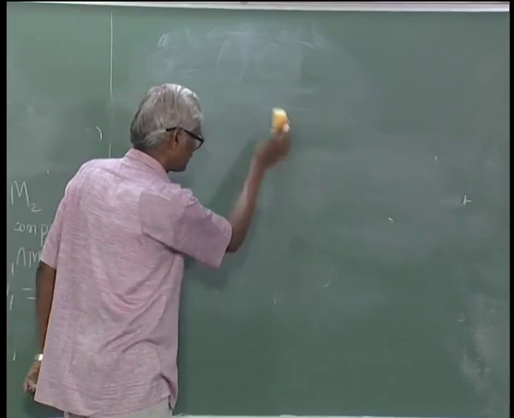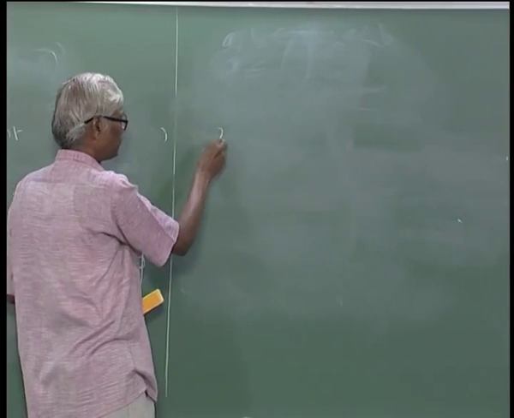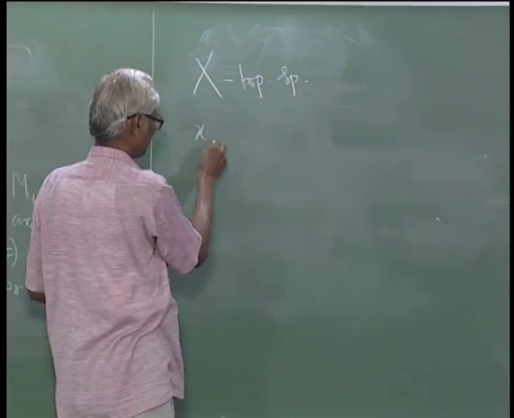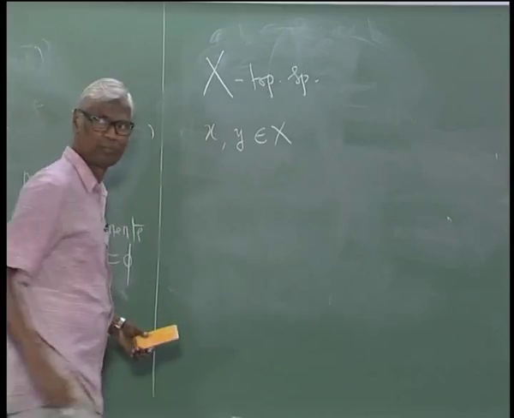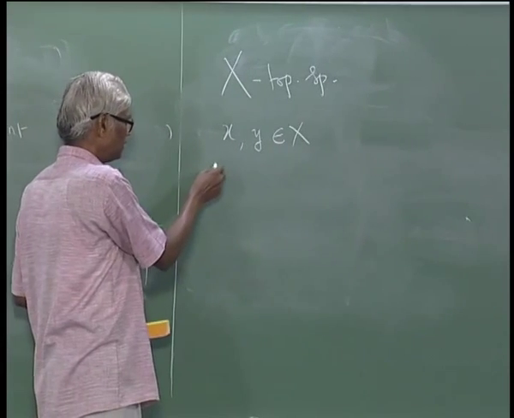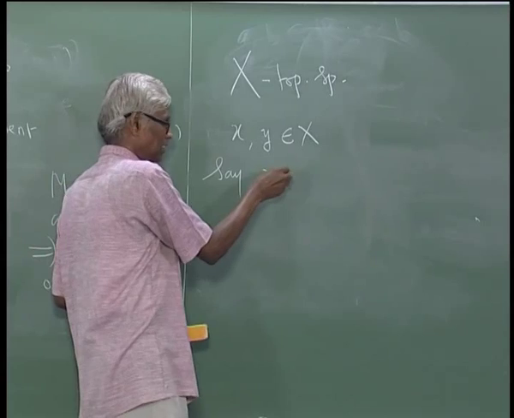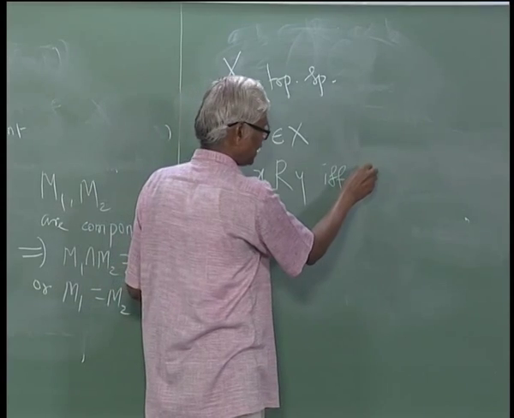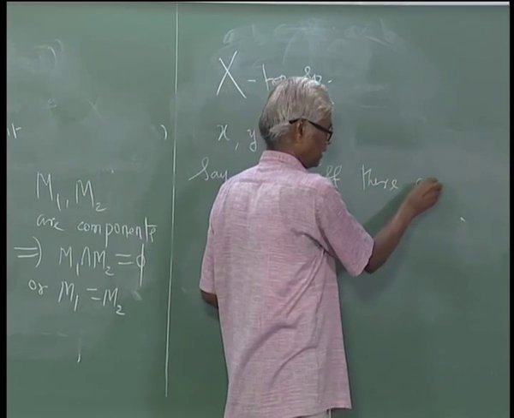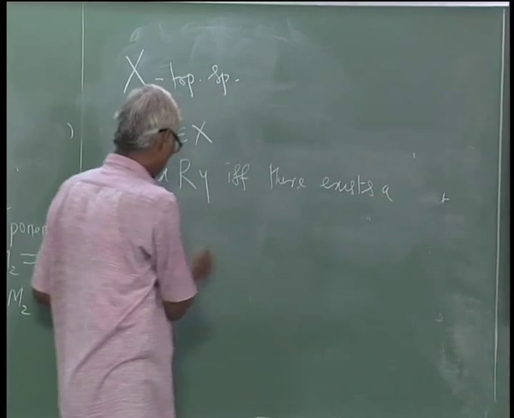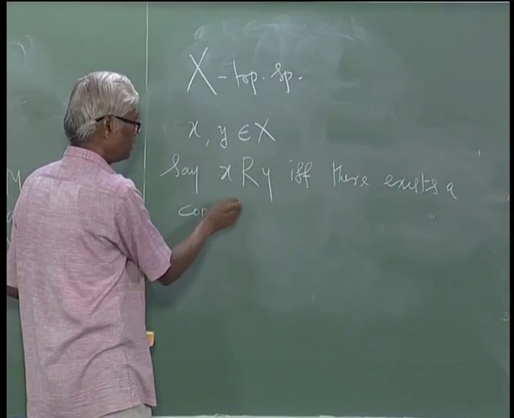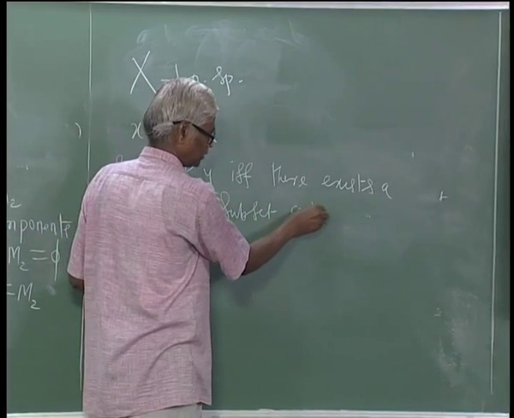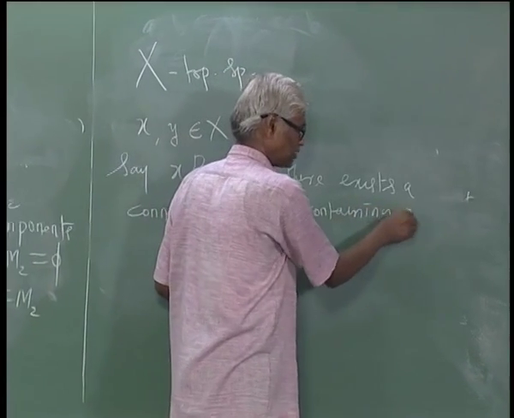this maximal connected set is in the following way. For X a topological space, consider x, y belonging to X, and define a relation, say x is related to y, if and only if there exists a connected subset containing x, y.